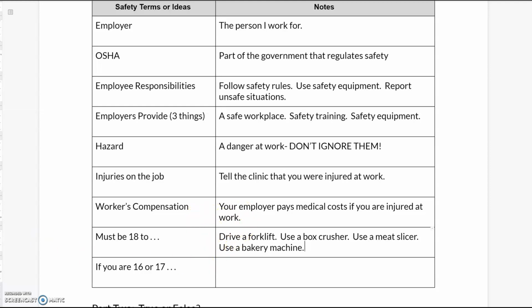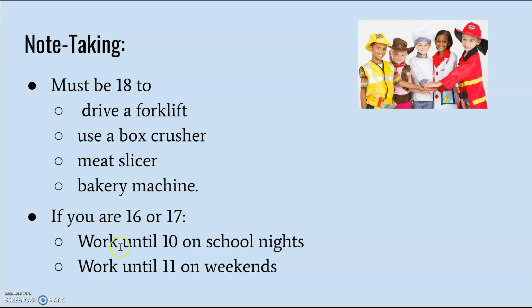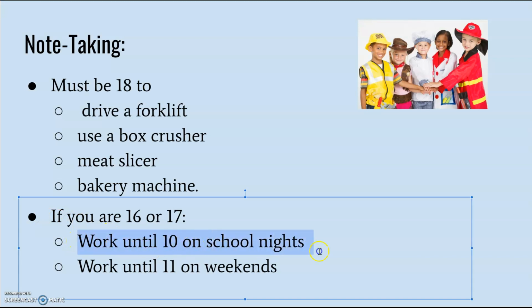And our last item for today are a couple of guidelines if you're 16 or 17. So, first of all, if you're 16 or 17, you cannot do these things. Also, if you're 16 or 17, you can only work until 10 on school nights. You can work until 11 on weekends.